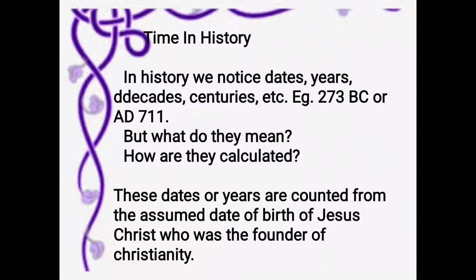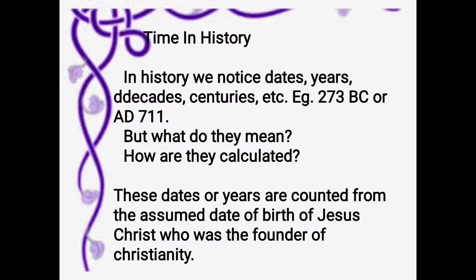Now the next topic is time in history. In history, we notice dates, years, decades, centuries, etc. When we read the books of history, the dates are given like dates, years, decades, centuries. For example, 273 BC or AD 711.